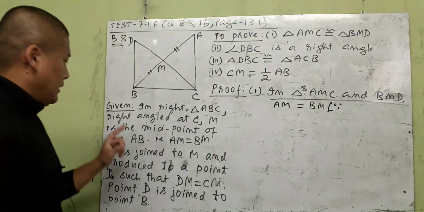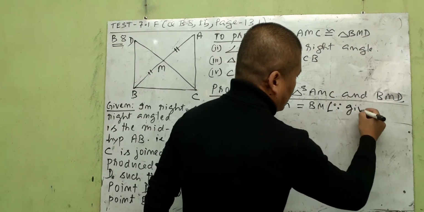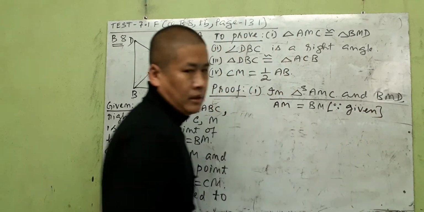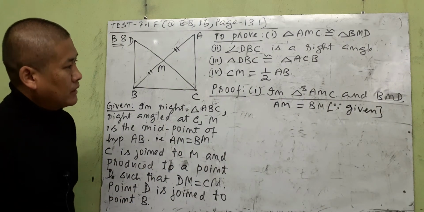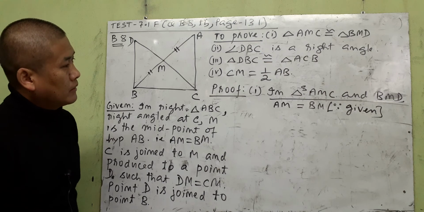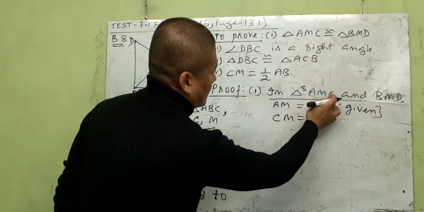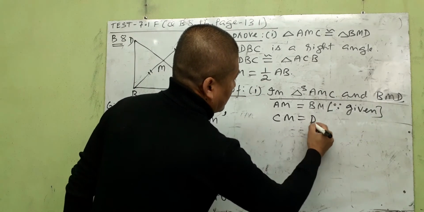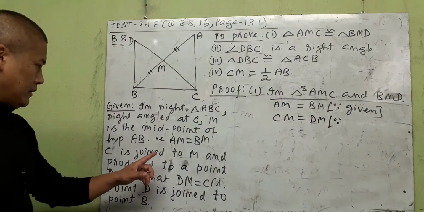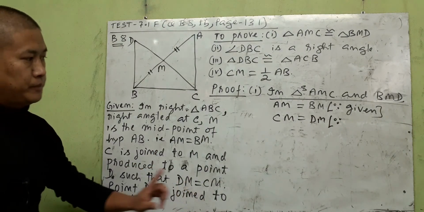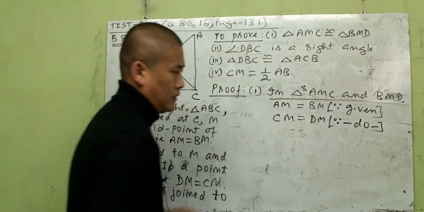I think they are equal here because it's given AM equal to BM. So we write there, the reason is given in the question itself, right? Then next one, CM, third and second, and DM are equal or not. Let us check. I think they are equal here. CM equal to DM. So right here, same reason again given in the question itself.